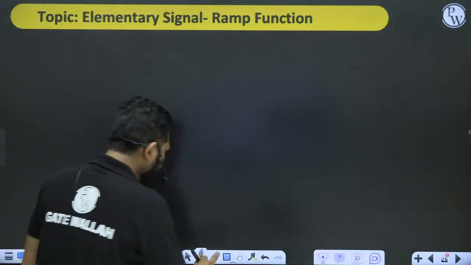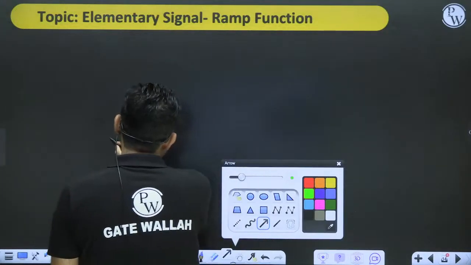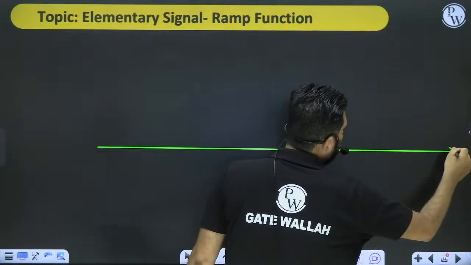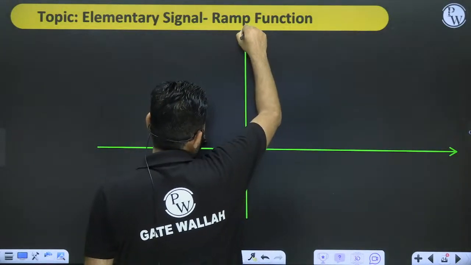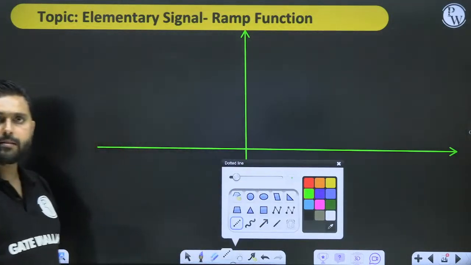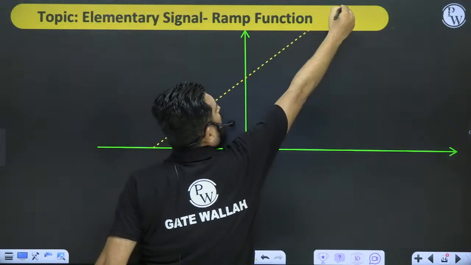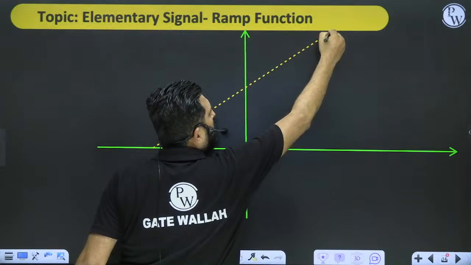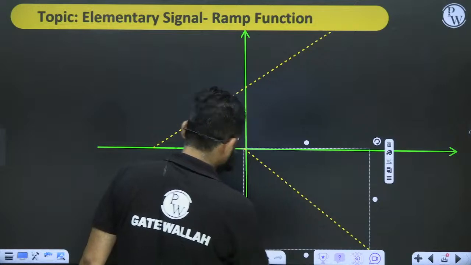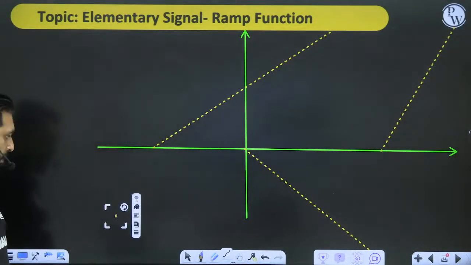Similarly, we can find out, for example, let's consider this one. See here. Suppose I have this function and this function, and what I am doing is that, see here, again I am adding 3 different ramps at 3 different points.